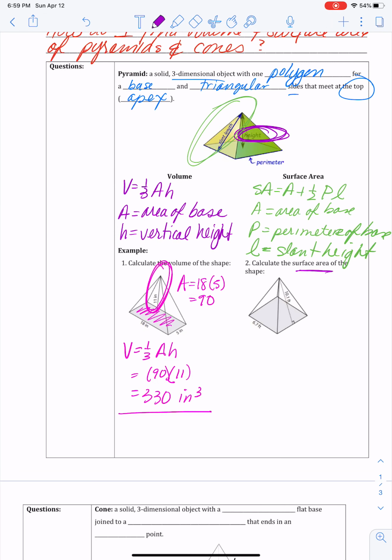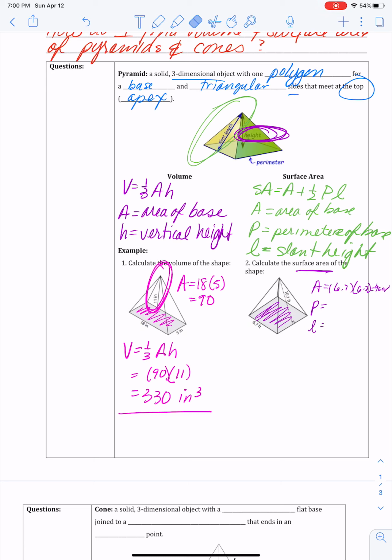For the surface area of a pyramid, I need to identify A, P, and L. So area, if we're using this, because it only labels one side, we're supposed to understand that that's a square. So that's 6.7 times 6.7, which is 44.89.